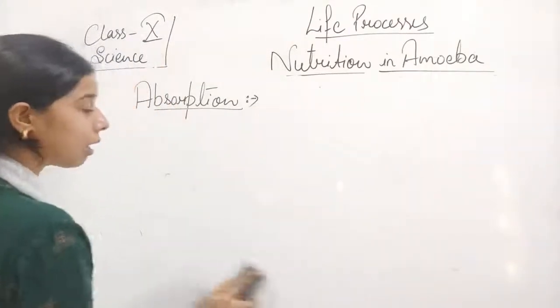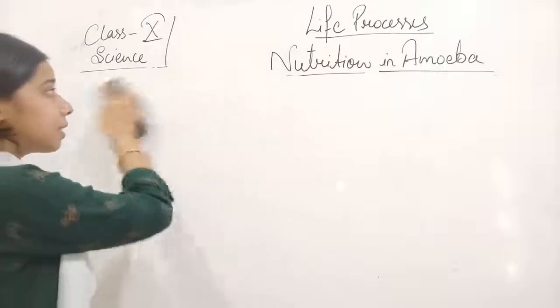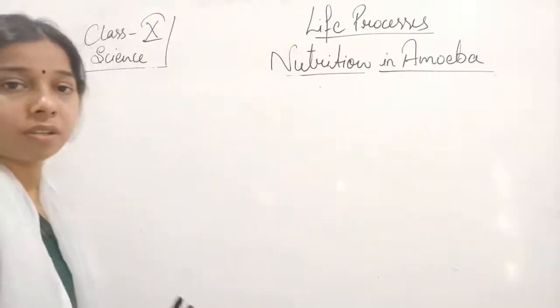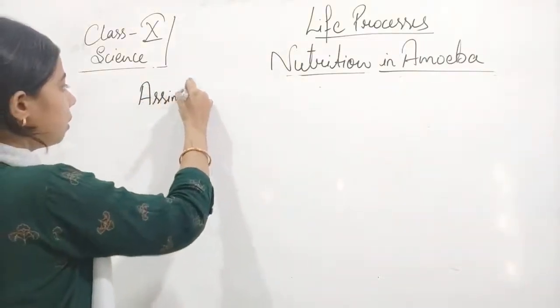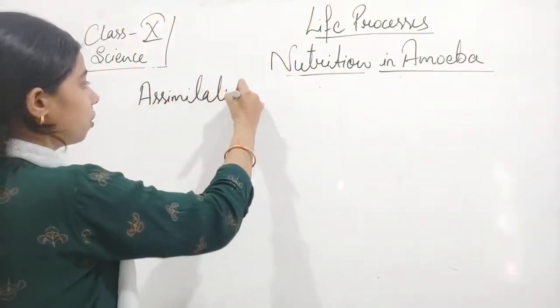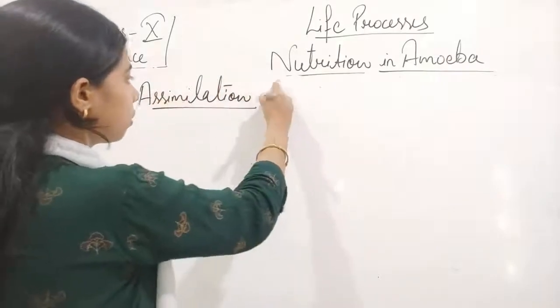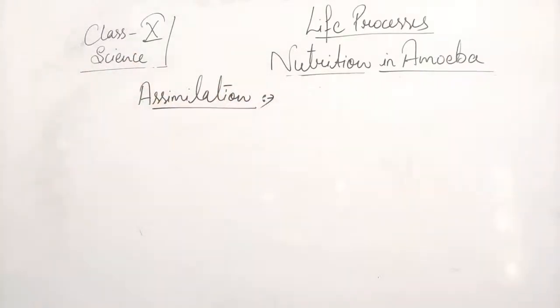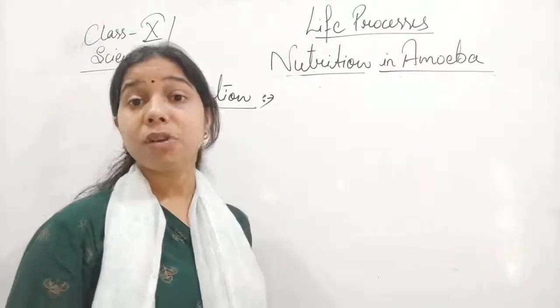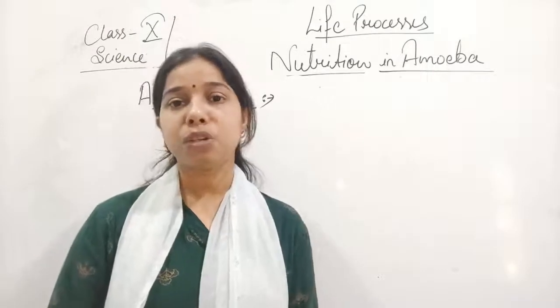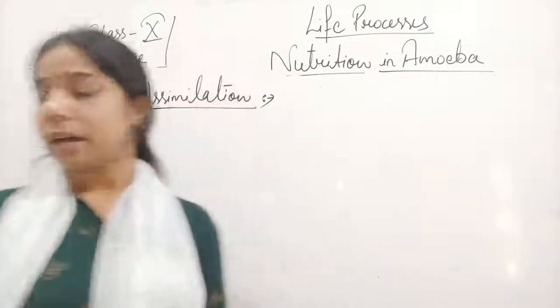Now we will see the last two steps. The next step is assimilation, students. In case of assimilation, apart from absorption, it needs energy, and that energy it will get through the process of respiration.